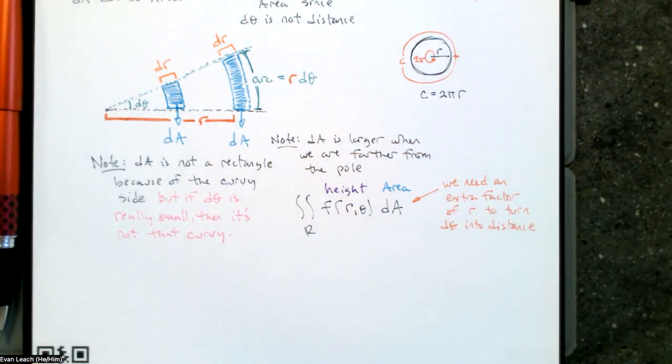Just writing dr d theta, you're not making an area. So if we write dr times r d theta, that turns it into an area.